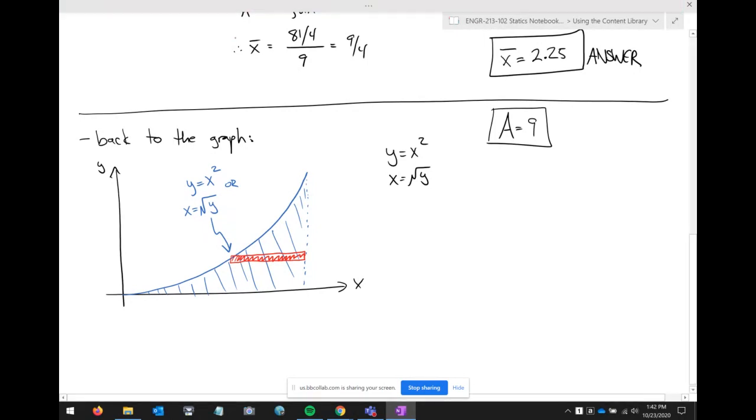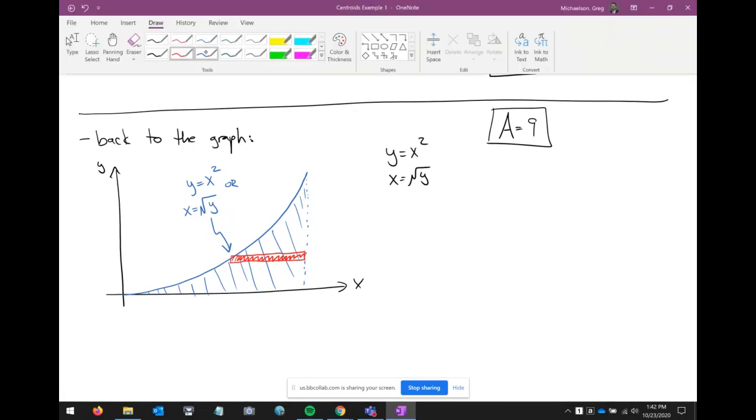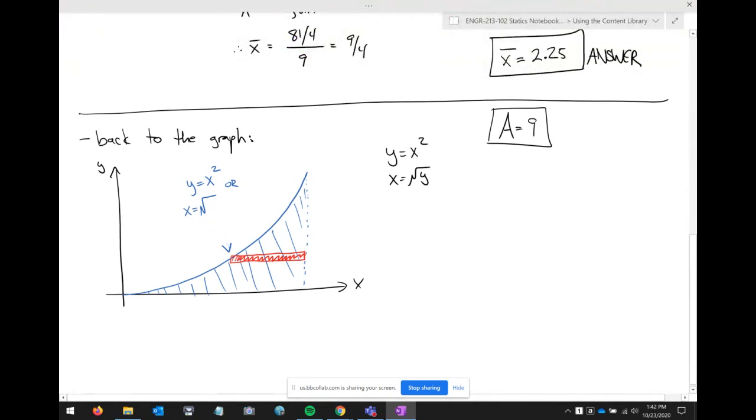So let's handle that. First off, I'm going to move this arrow here because really I'm just talking about the curve in general. I'm not talking about that particular rectangle. Remember, this dimension was 3, and this dimension was 9.